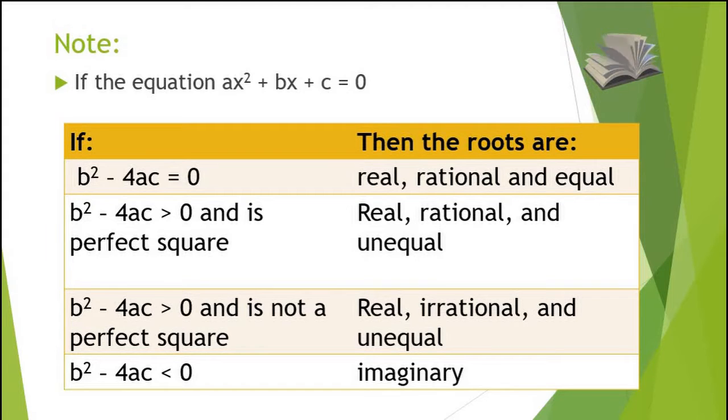If b squared minus 4ac is greater than 0 and is not a perfect square, then the roots are real, irrational, and unequal. If b squared minus 4ac is less than 0, then the roots are imaginary.